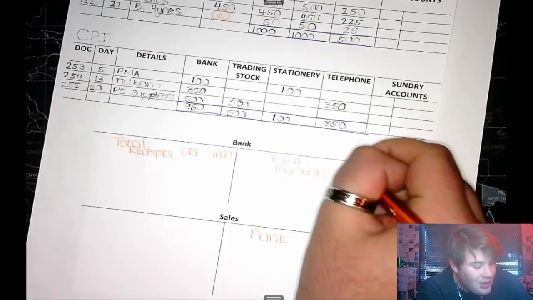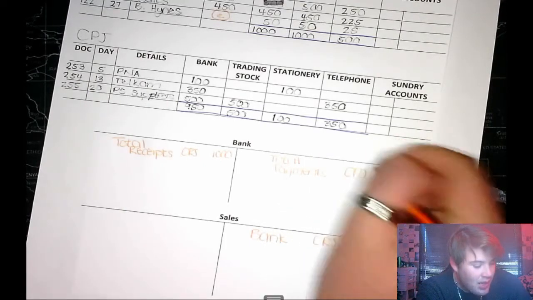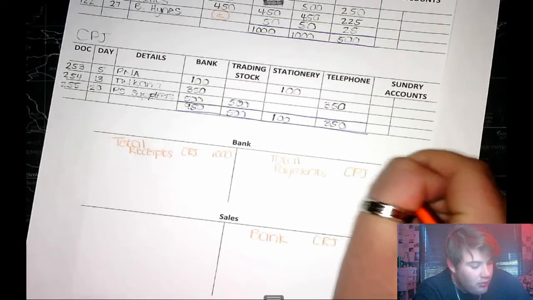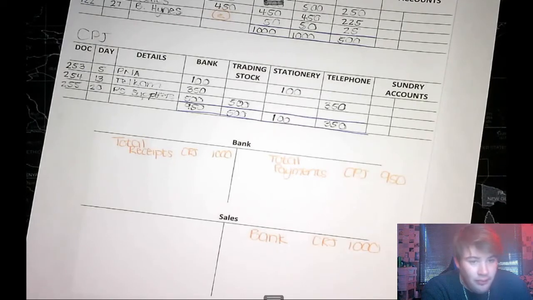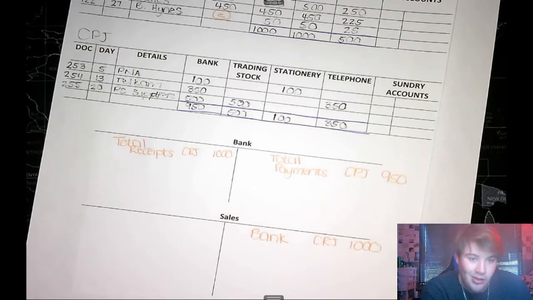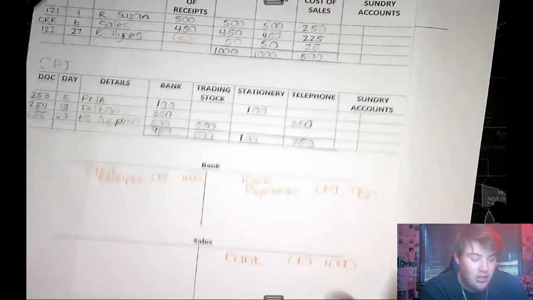This, however, comes from our cash payments journal, and this amount was for 950 Rand. Now, they will tell us eventually to balance the bank account, which we will do in a moment. We are just going to finish the other two accounts, and then we will come back to balance the banking account.